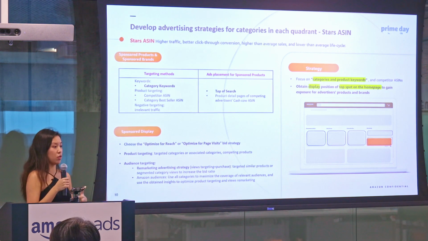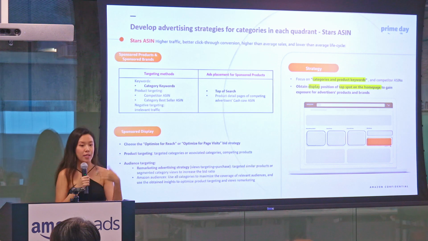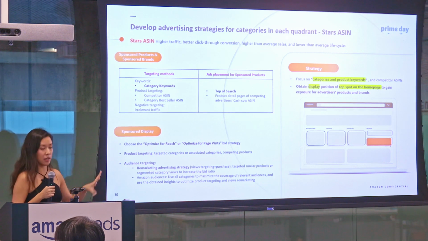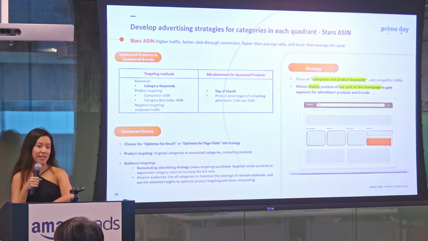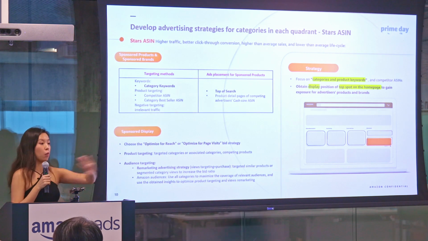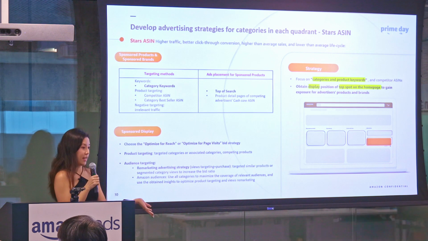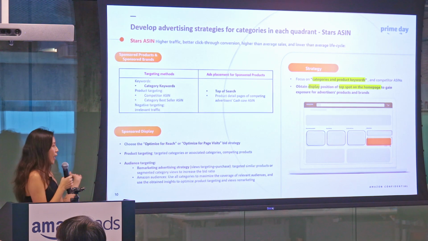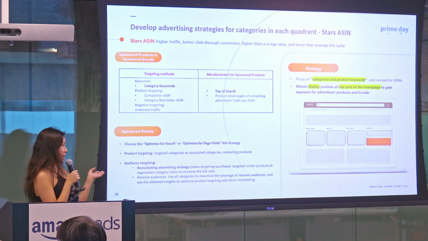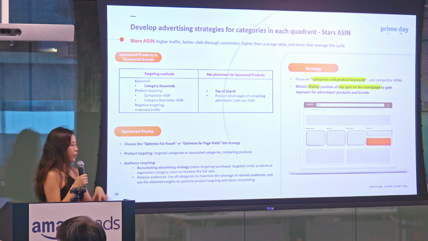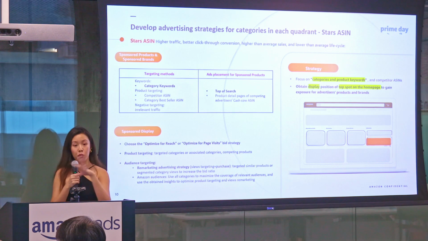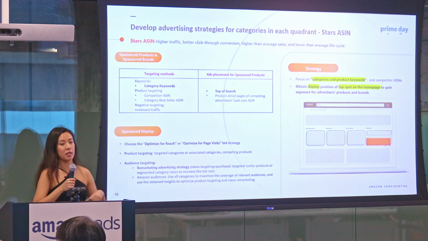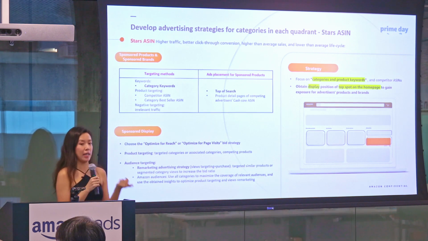And of course, for sponsored display, what you want to do is continue this momentum, right? You just launched it, you still want to increase awareness and impressions. So you can try sponsored display, because as I mentioned, sponsored display is casting that wide net, driving awareness to the different audiences that you might want to reach that have never heard of your brand. You can try audience targeting, because remember, you have a cash cow ASIN.